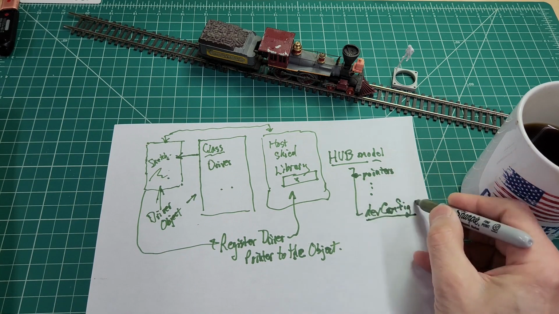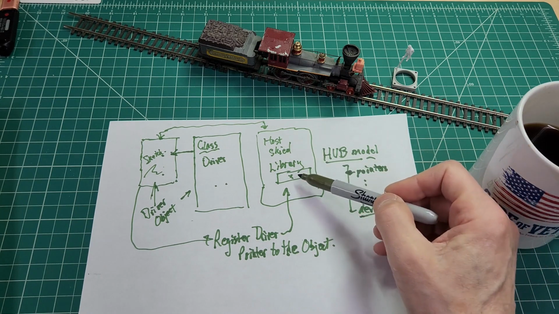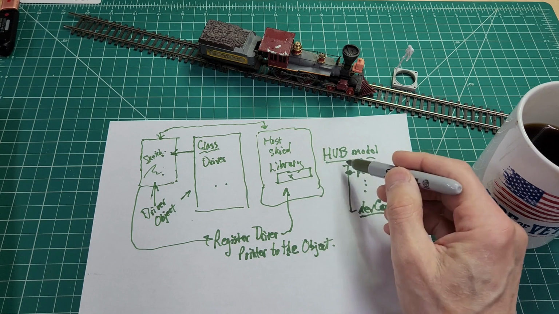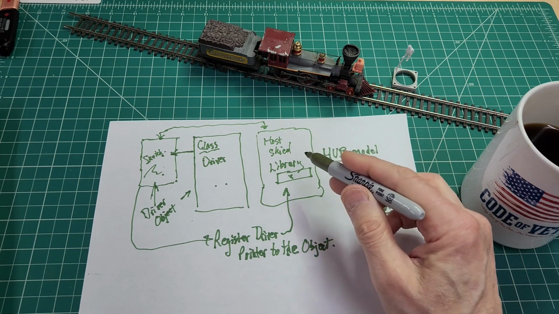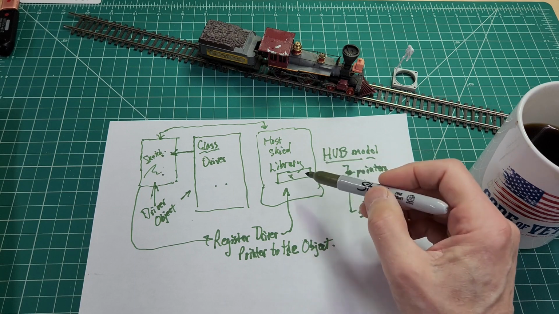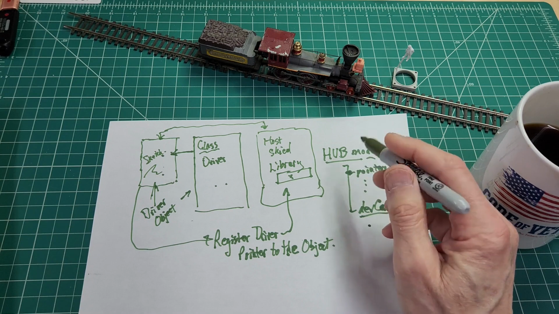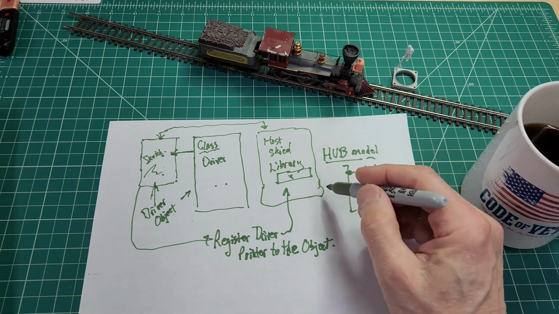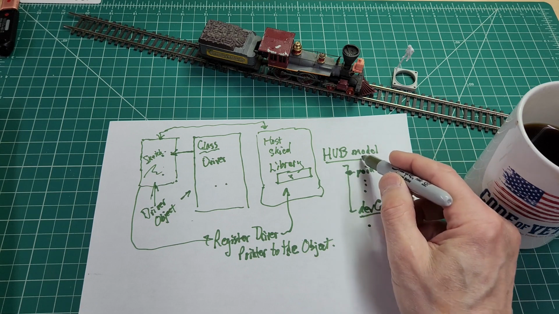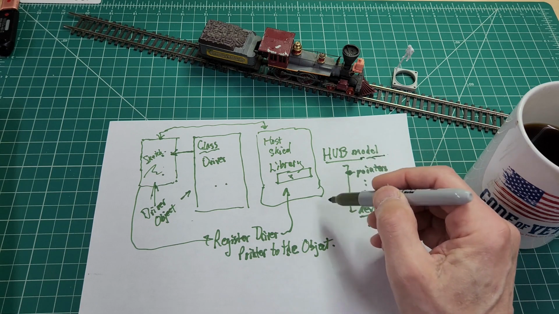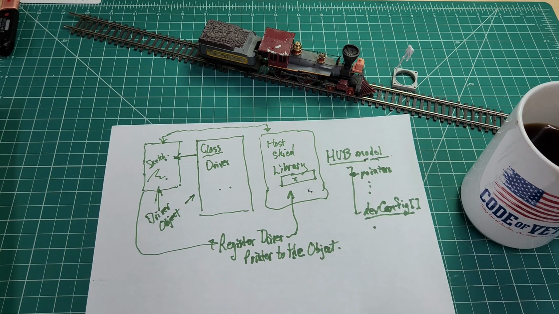That's the array, and that would allow this host shield library to manage multiple attached devices. We're not going to do that. Obviously, I didn't want to have multiple devices. I just want to have my NCE USB interface USB device attached. So I didn't pay much attention to this, but it was required by the host shield library in order to compile, and that is what I was getting at.